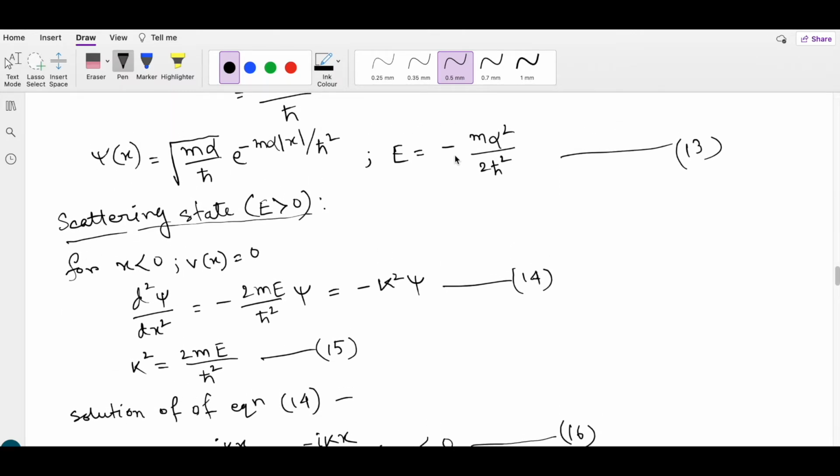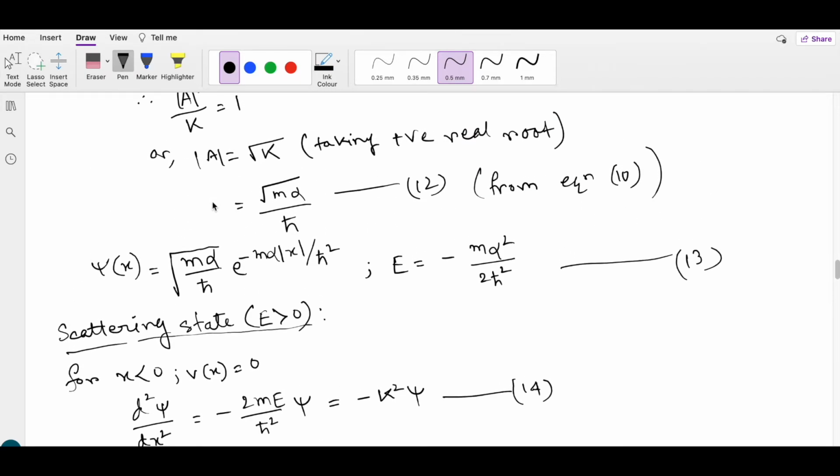So ψ equals root of mα/ħ, this is the value of the constant, and then e to the power minus mα|x|/ħ², because the value of k is mα/ħ², and we are taking the mod x because if x is greater than 0, this gives minus mαx/ħ², which is satisfying our previous derivation.